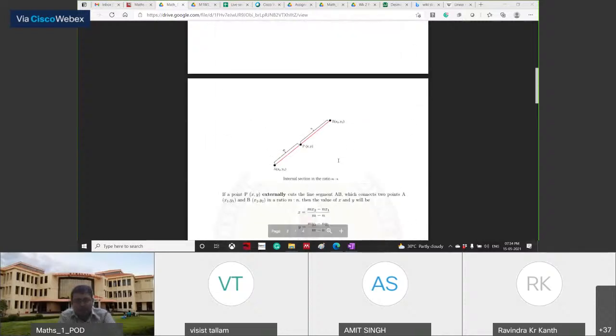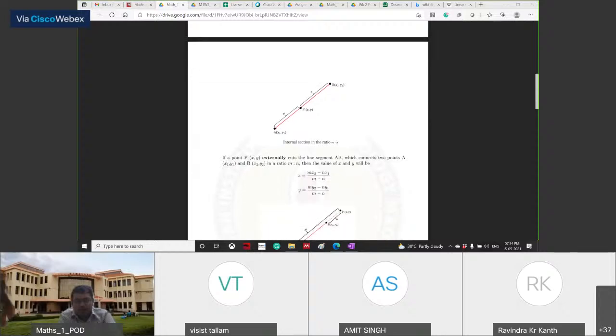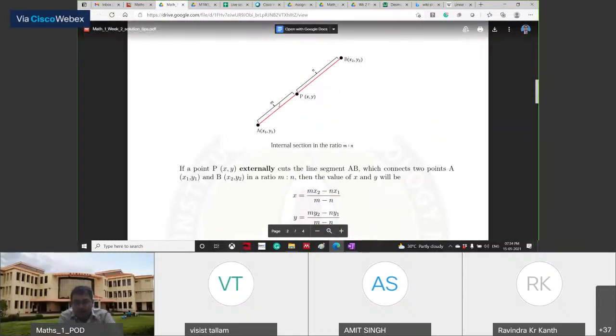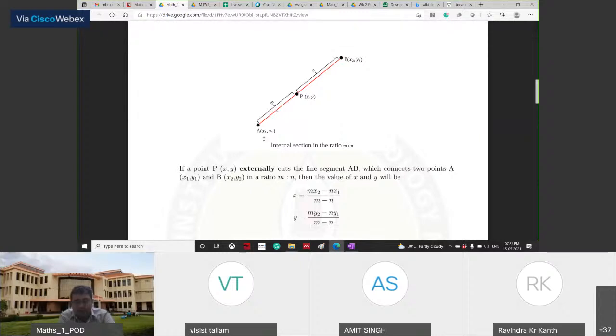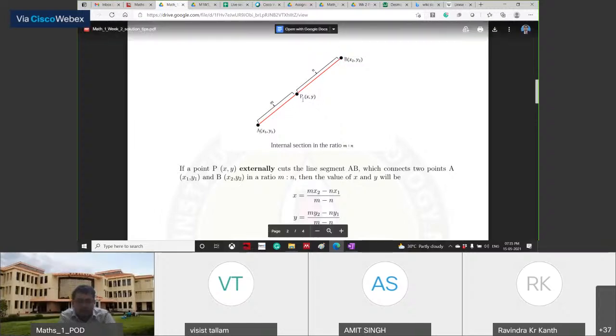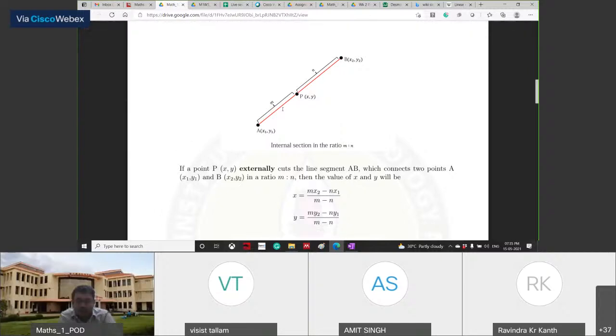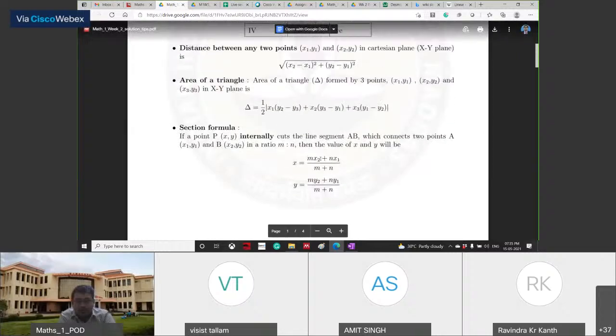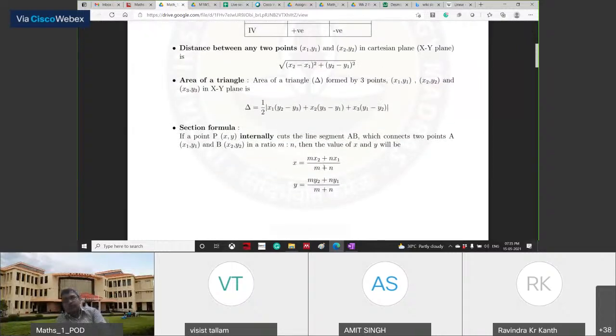Similarly, we have the section formula, where a point is cutting a line in two parts. We have internal and external cutting. If a point P is cutting the line with endpoints x1 y1 and x2 y2 in the ratio m and n, there are two kinds of cutting. One is called internal section, where the formula is (mx2 plus nx1) by (m plus n).